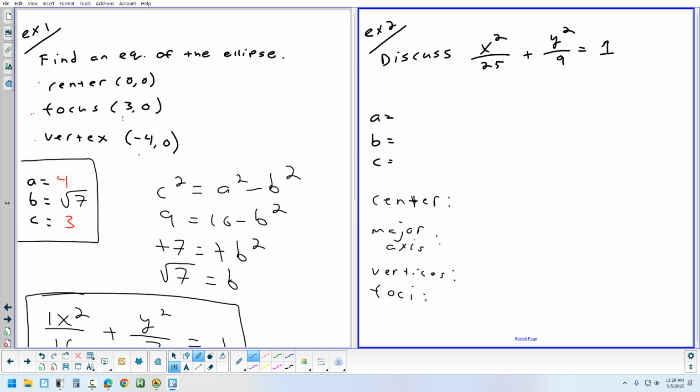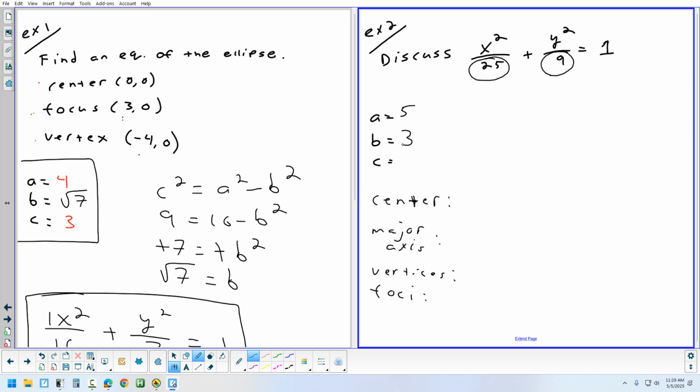A is defined to be the bigger number, well, A squared. So this is A squared. This is B squared. So A is 5. What's B? Yep. B is always the smaller number, or B squared is the smaller number. That's 3.